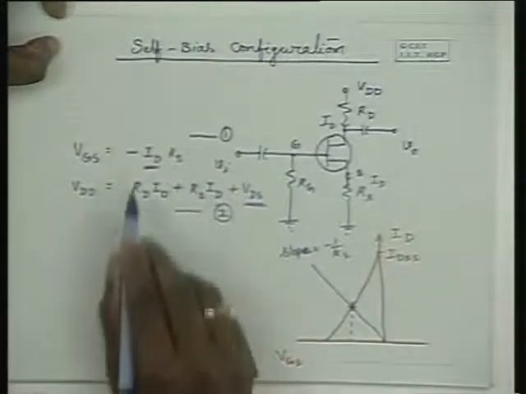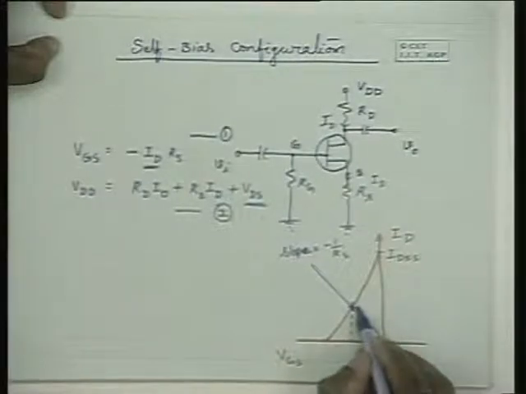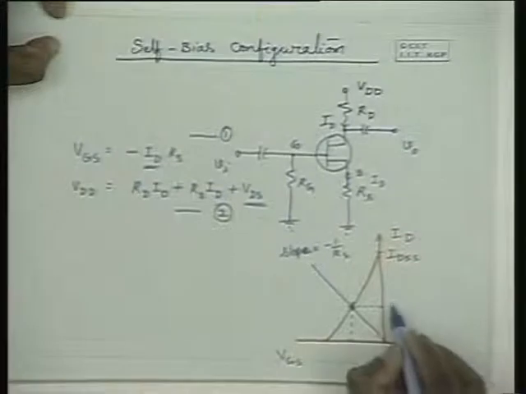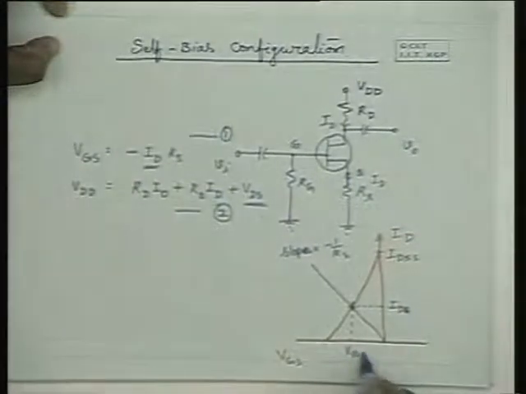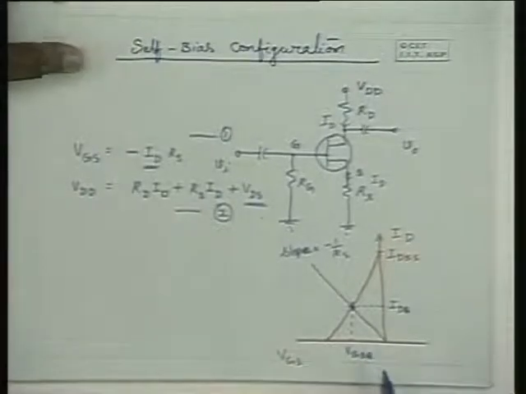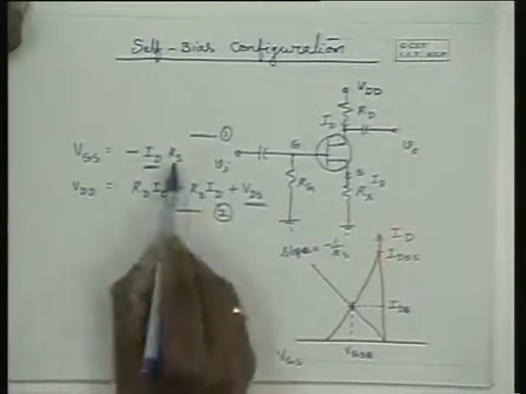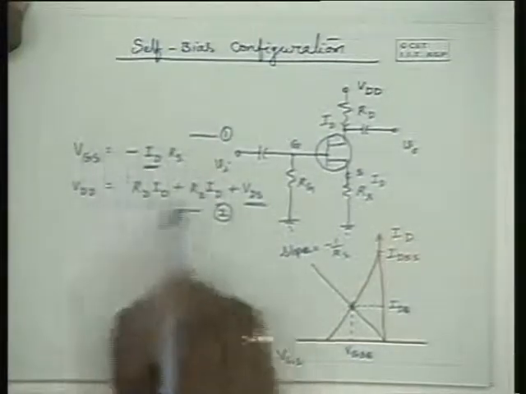According to this equation, for this particular VGS given Rs, this is the particular drain current. This is IDQ and this is VGSQ. Once Rs is fixed and the device is fixed, for that particular IDQ, you will get this particular VGSQ.